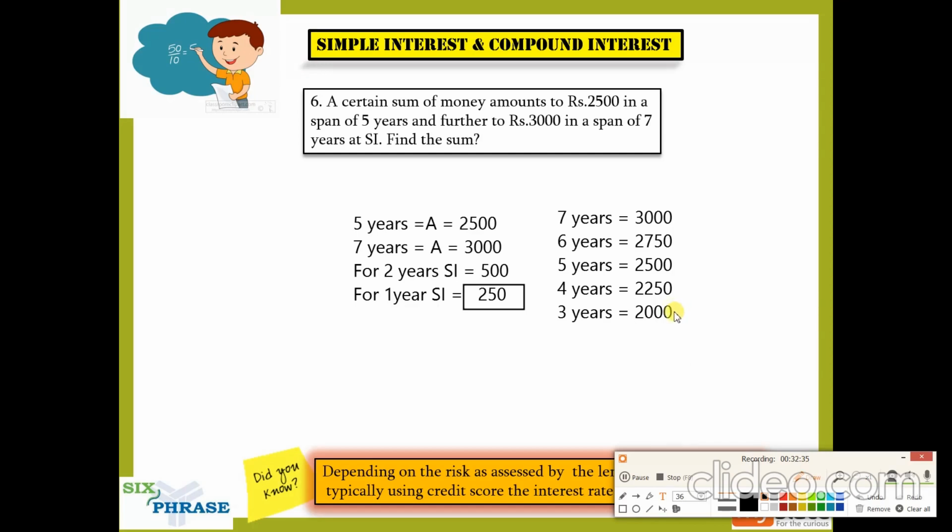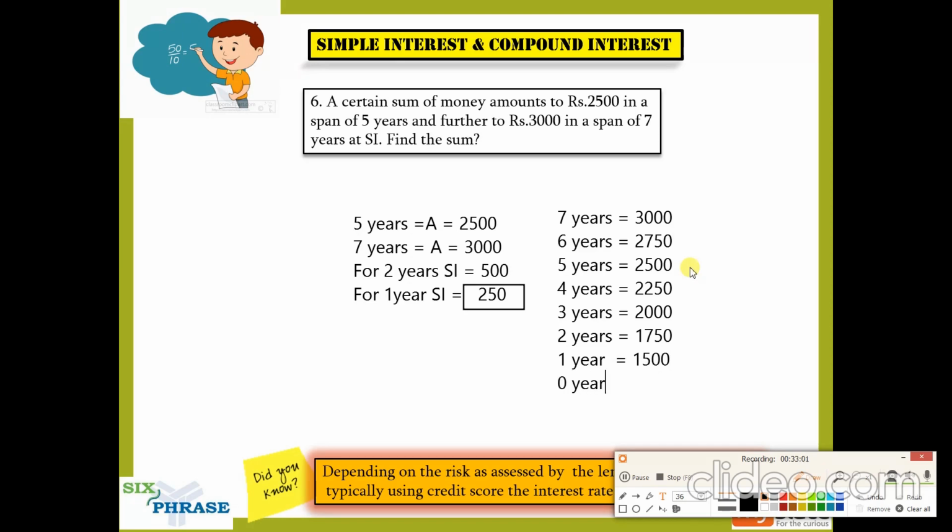But here it is like this, 2000. Now 2 years will be equal to 1750. At the end of 1 year, the amount will be 1500. All these are amounts, guys. Am I right? Now at 0 years, at the starting, 0 years is the sum, right? 0 years is principal.